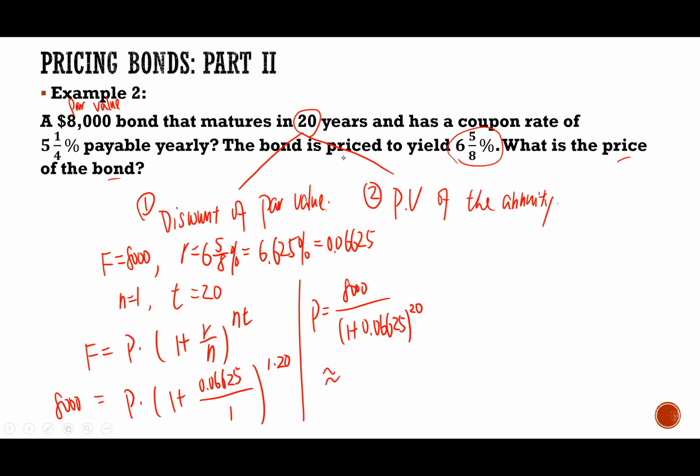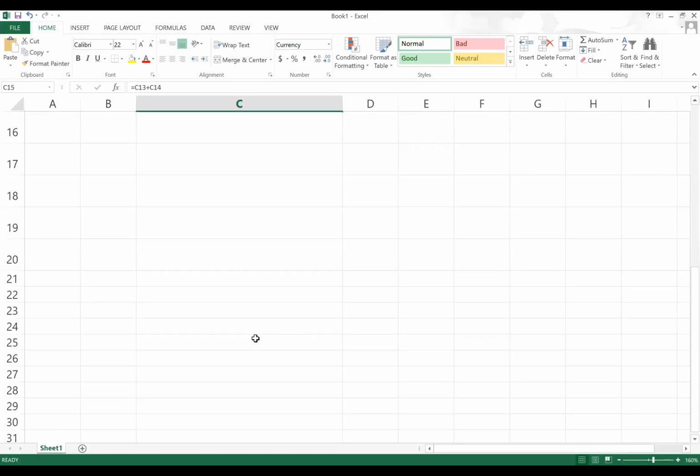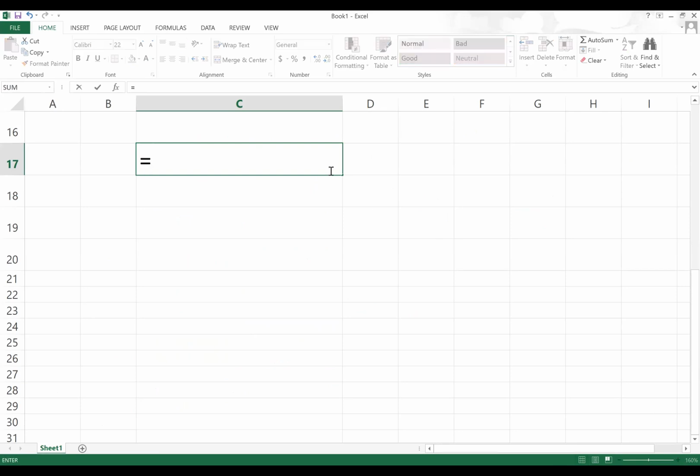Let's go to Excel and find out the answer. It's 8,000 divided by (1 plus 0.06625) raised to the 20th power, and that turned out to be $2,217.73.